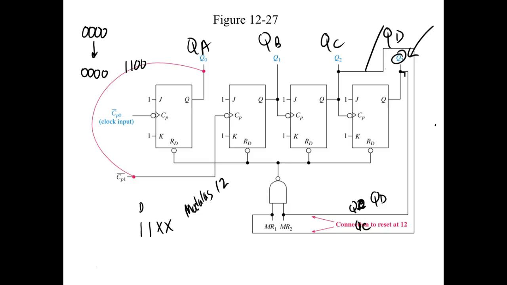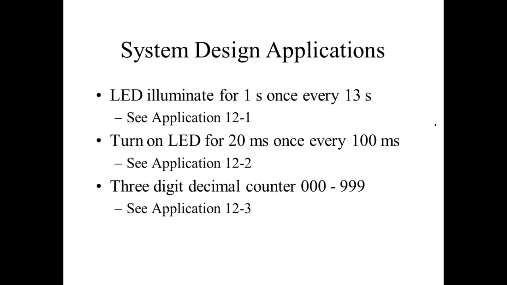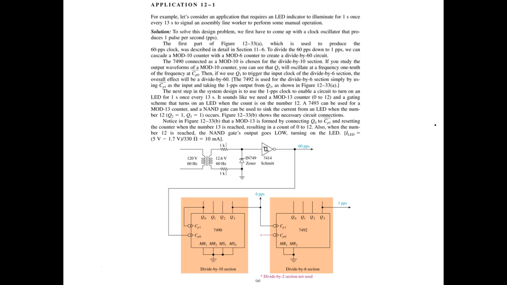But you got to understand the maximum count is going to be one less than the modulus. So a modulus of 12 is going to count from 0 to 11. But if I use the D output, I would get a divide by 12. That would be my output frequency. So the modulus of the counter gives you the division ratio if you use the last thing that you let the count go to.